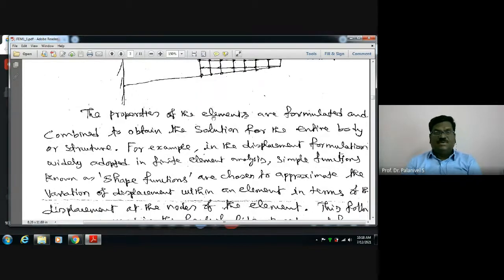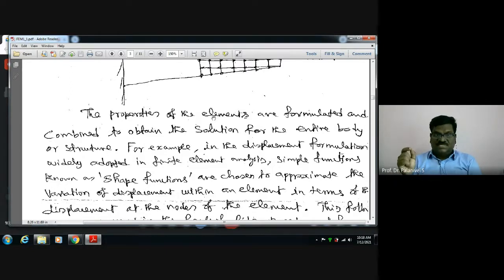Next unit, second unit, formulation of element, properties of elements. In that, mostly the full unit, we are going to discuss how to derive shape functions, how to develop shape functions. Some procedure we are going to follow there to develop and derive shape functions.